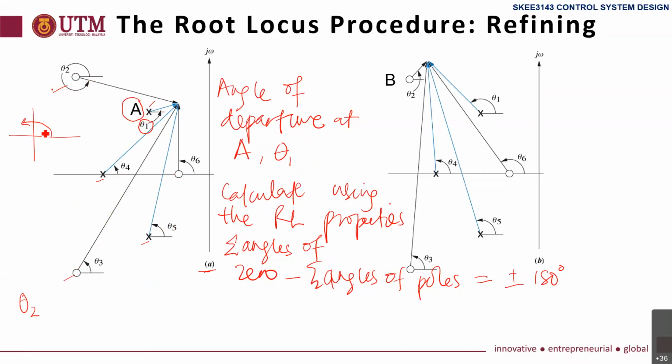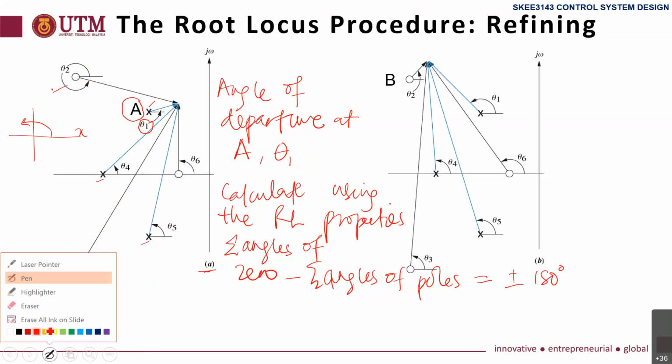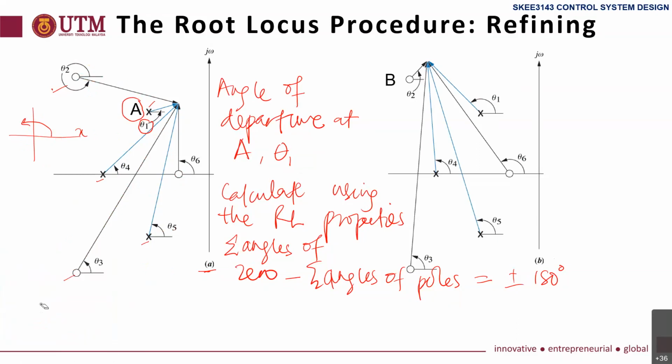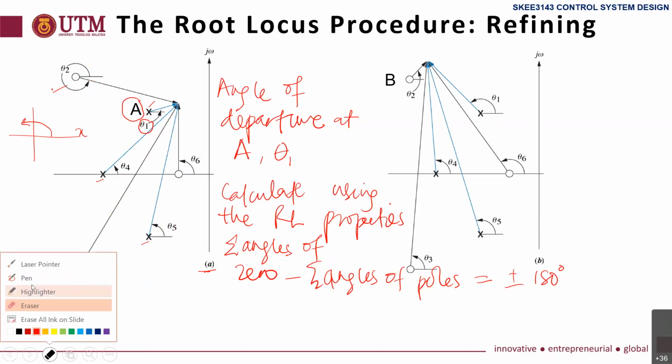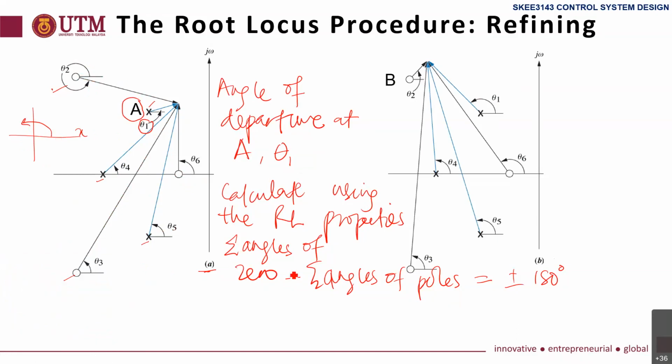Always calculate from here, the x. Theta 1 is for a pole, so minus theta 1, because always minus the angle of a pole.